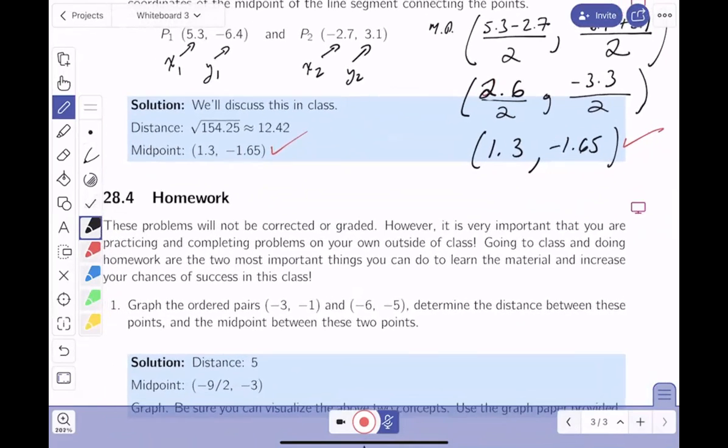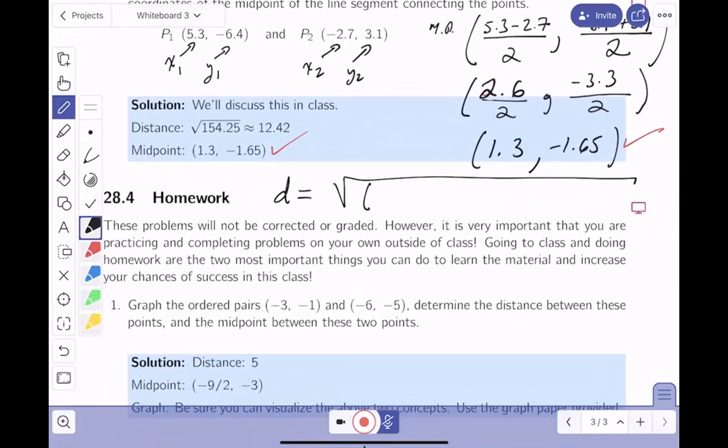All right, let's do the distance now. And it's nasty, there's no doubt about it. So minus 2.7 minus 5.3 squared plus, and yes, I'm going to do the arithmetic. You're free to use a calculator.